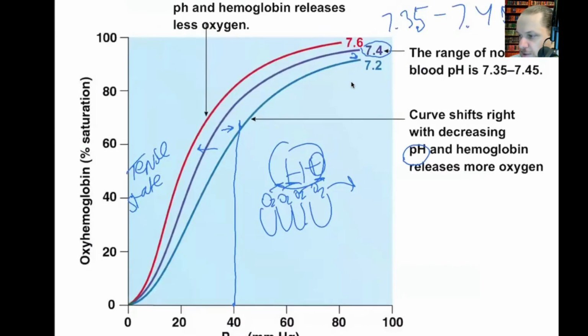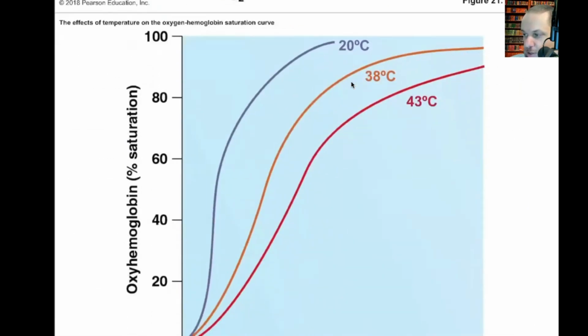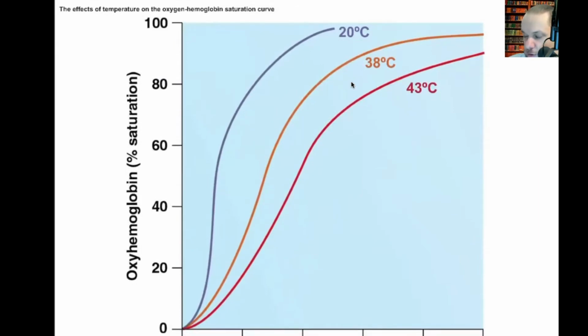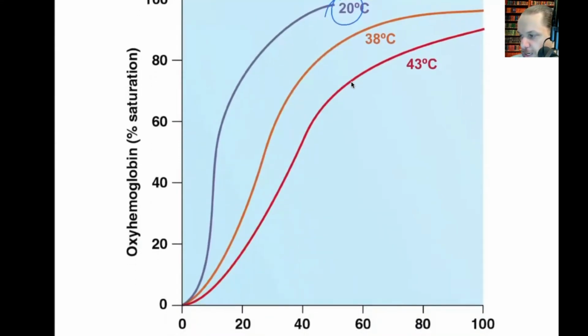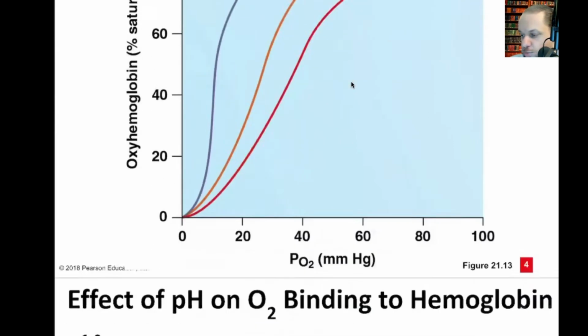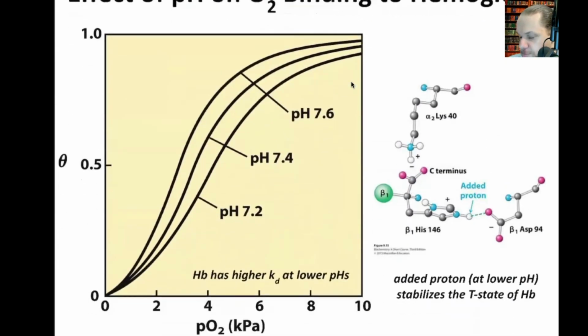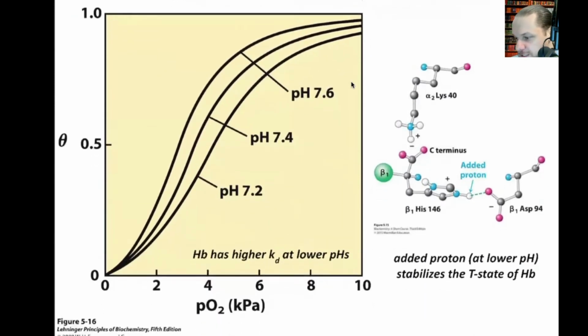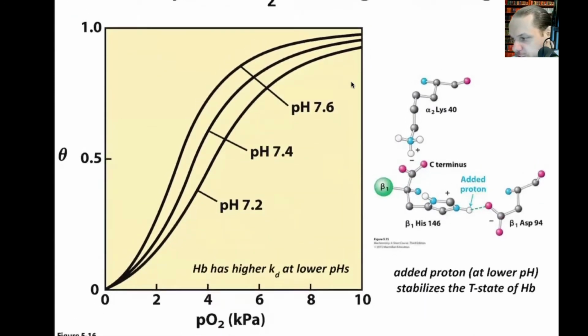So pH can affect it, and so can the temperature. The more cold you are, hypothermic cold will keep it stronger on, versus if you become warmer, it will not hold the oxygen as much. So what actually happens? Let me show you on this scale so you could see.